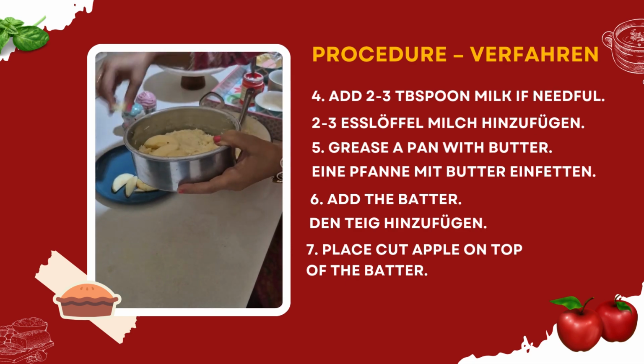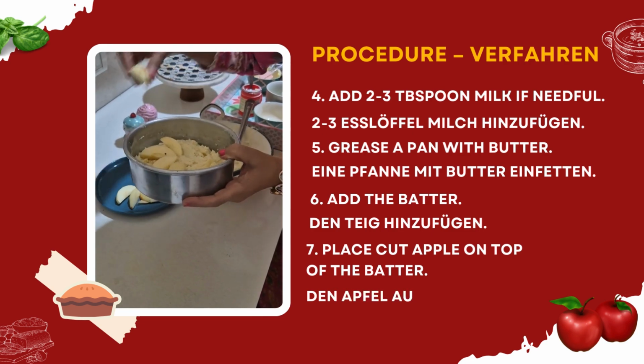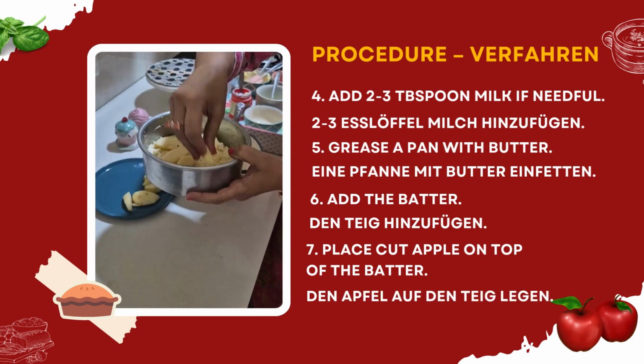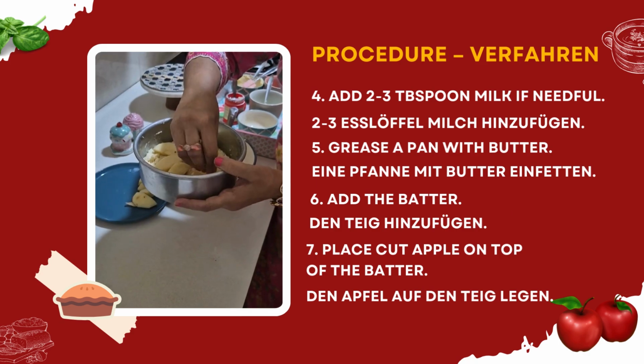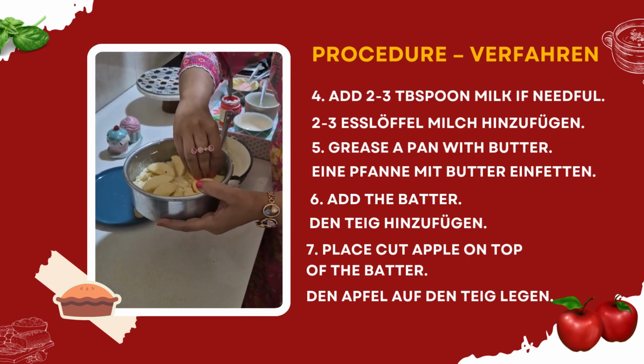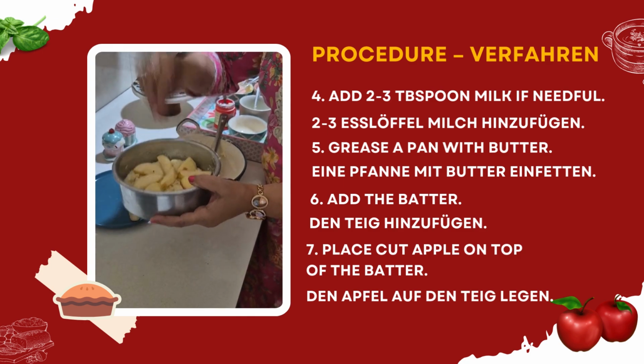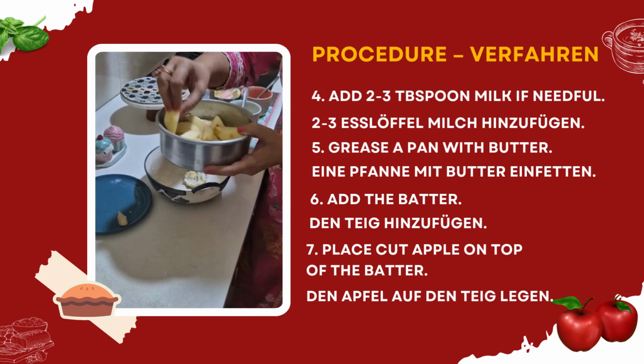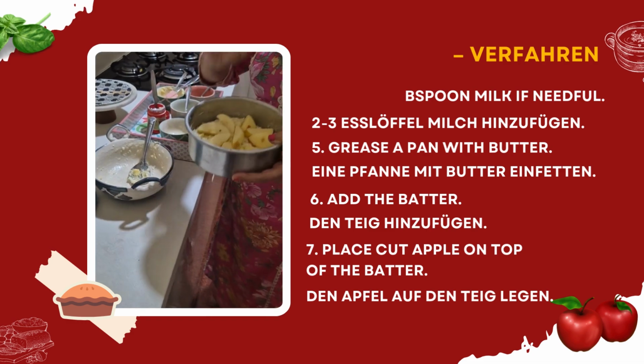So we can say den Apfel auf den Teig legen. Legen is to place. So we will place the apple on top of the batter. Teig is batter. So this is done now.